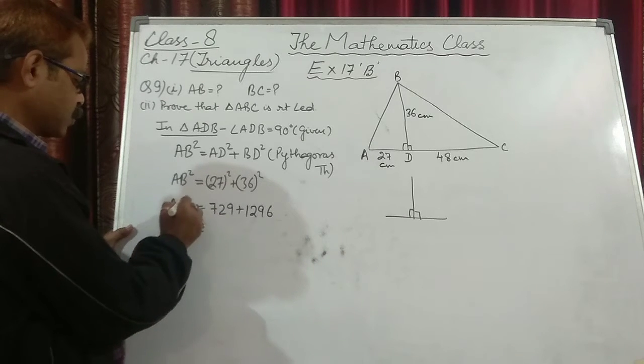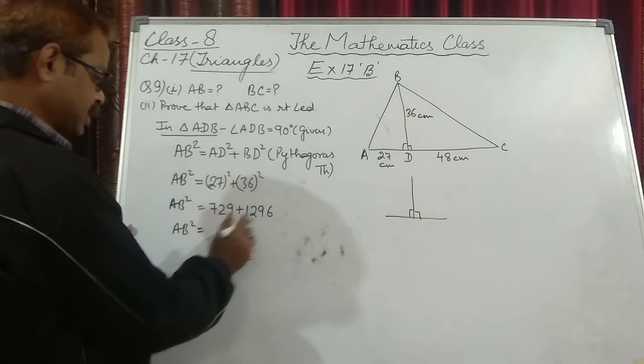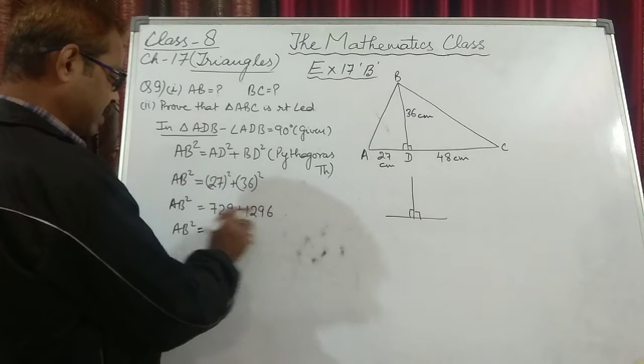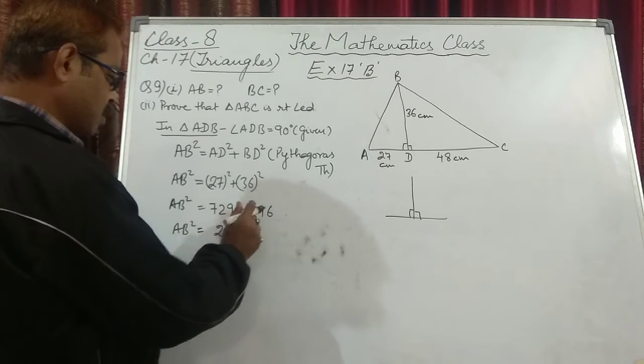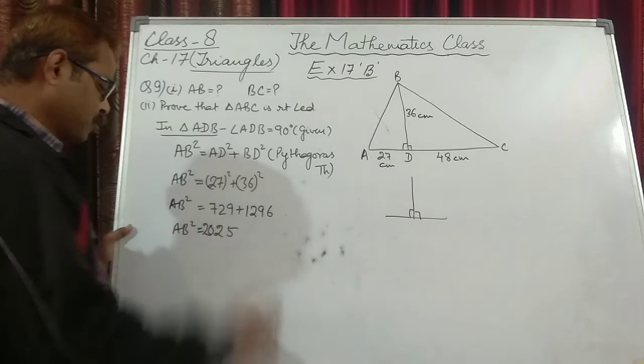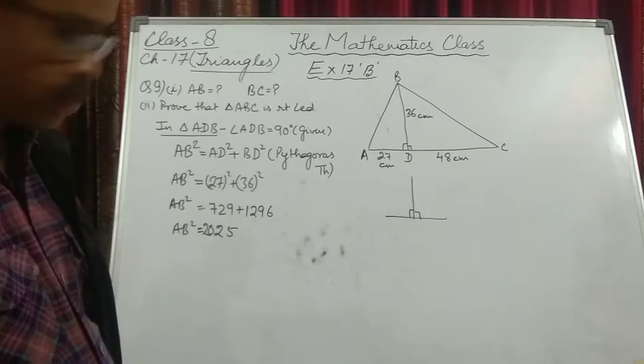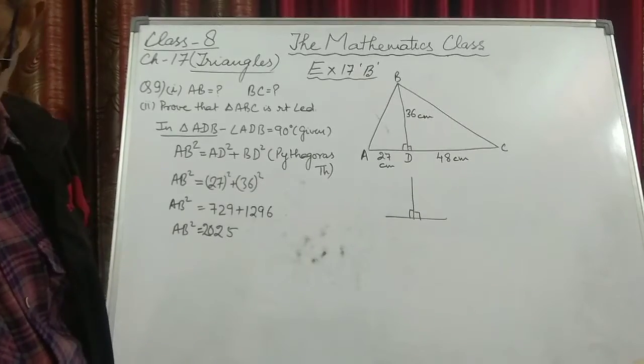This is again AB square. 9 and 6, 15, 5 and 1 carried, 10 and 2, 12, 2 and 1 carried, 3 and 7, 10, 0, 2025. We got the value as 2025.